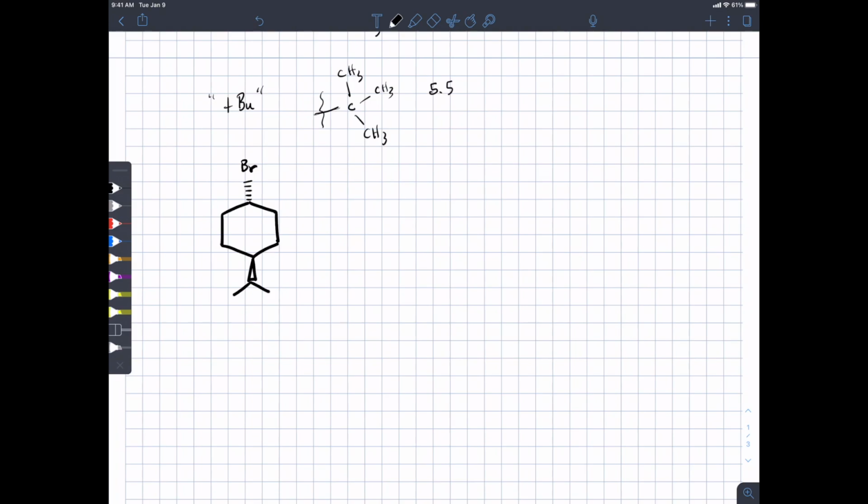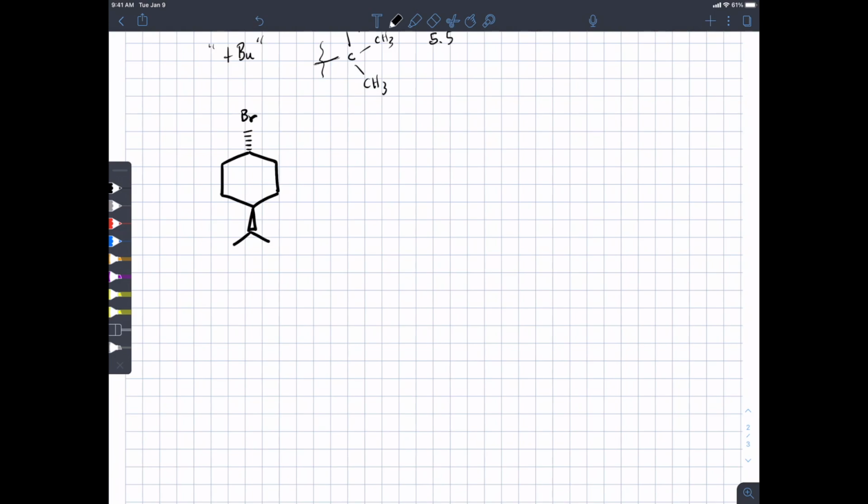Let's draw a chair, and then we'll draw its counterpart, the other chair, and then we'll see which conformation we think is more stable. Doesn't matter where you start numbering in the ring as long as you do it consistently. Doesn't matter where you put a number in the chair diagram as long as it's in the same spot relative to all the other numbers in the chair.